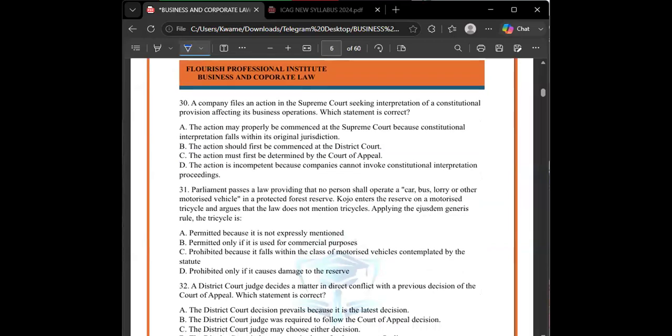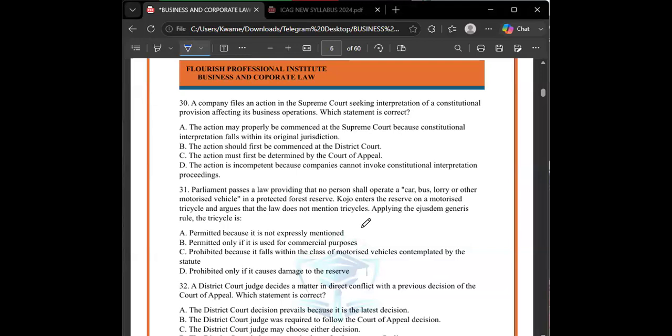Question 30. A company files an action in the Supreme Court seeking interpretation of a constitutional provision affecting its business operations. Which statement is correct? A. The action may properly be commenced at the Supreme Court because constitutional interpretation falls within its original jurisdiction. B. The action will first be commenced at the District Court.